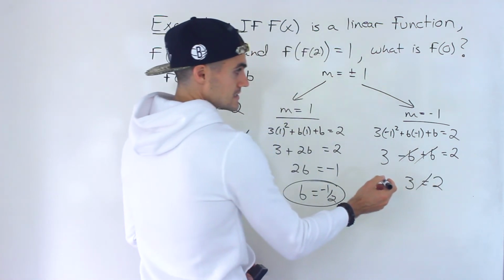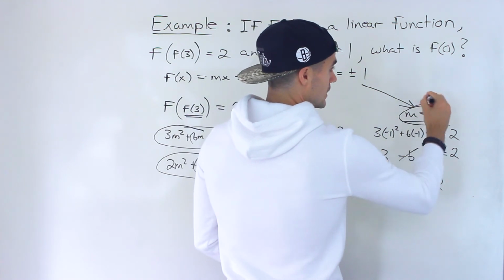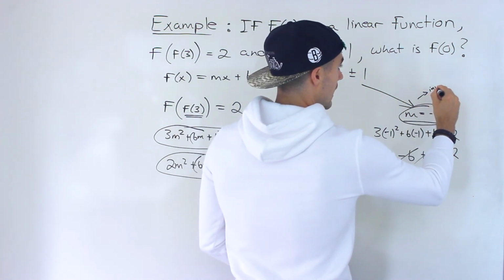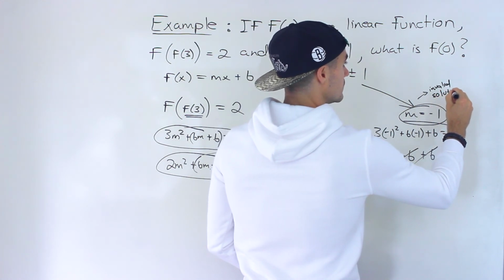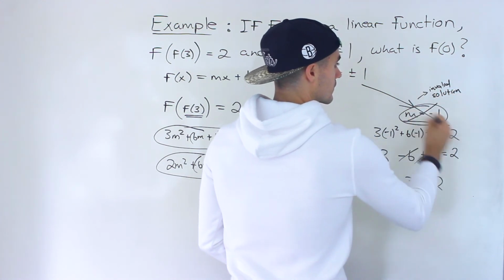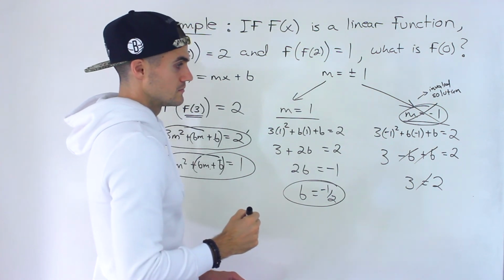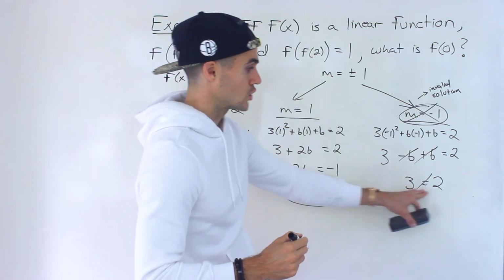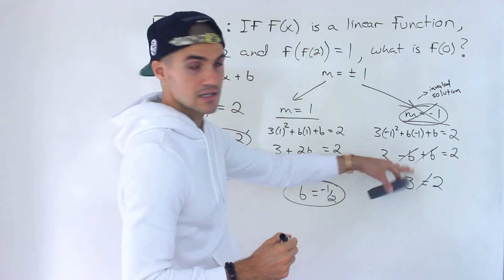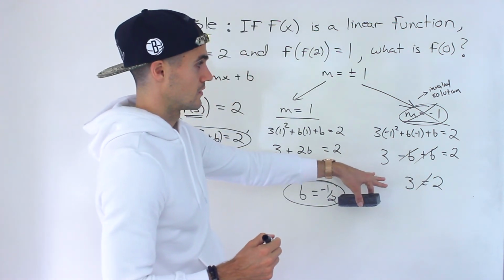And so basically this here, m equaling -1, is an invalid solution. Okay, it's not a plausible solution because notice we end up with this over here, and that's a contradiction, right? 3 doesn't equal 2.